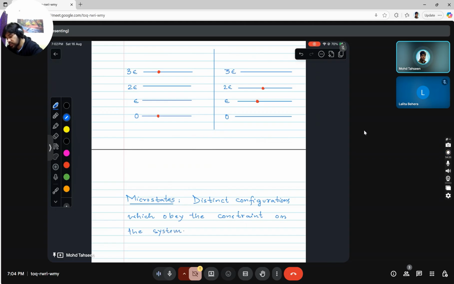So this is like the total number of possible ways in which we can construct this system, right?